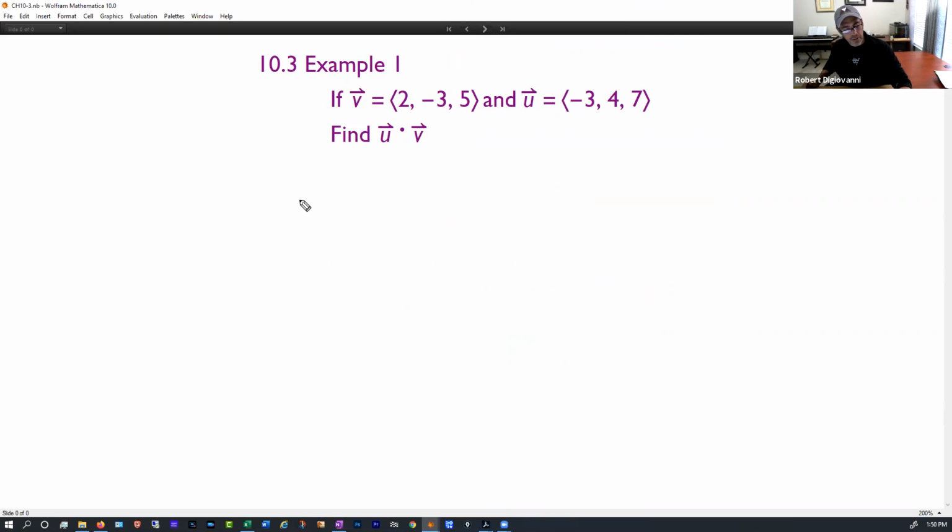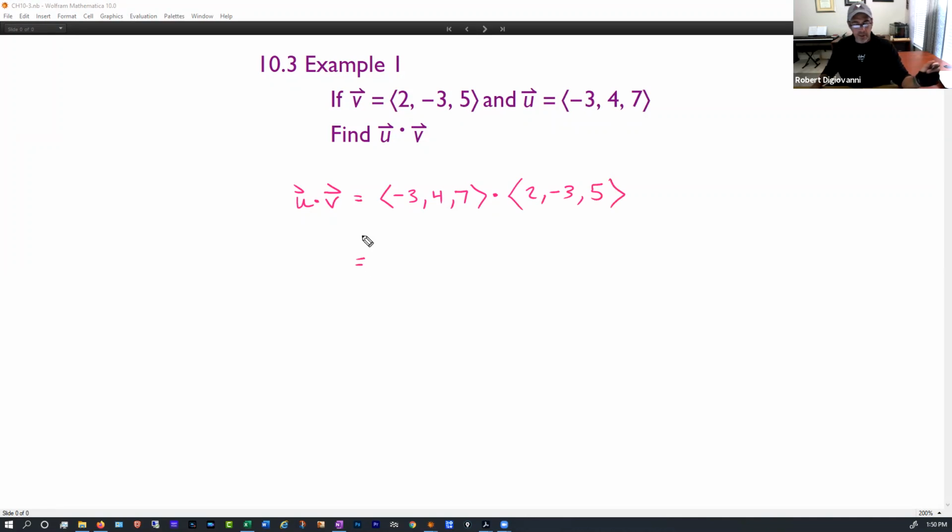All right, so let's do this dot product. U dotted with V, notation-wise, the U vector is -3, 4, 7. We're going to dot that with 2, -3, 5.